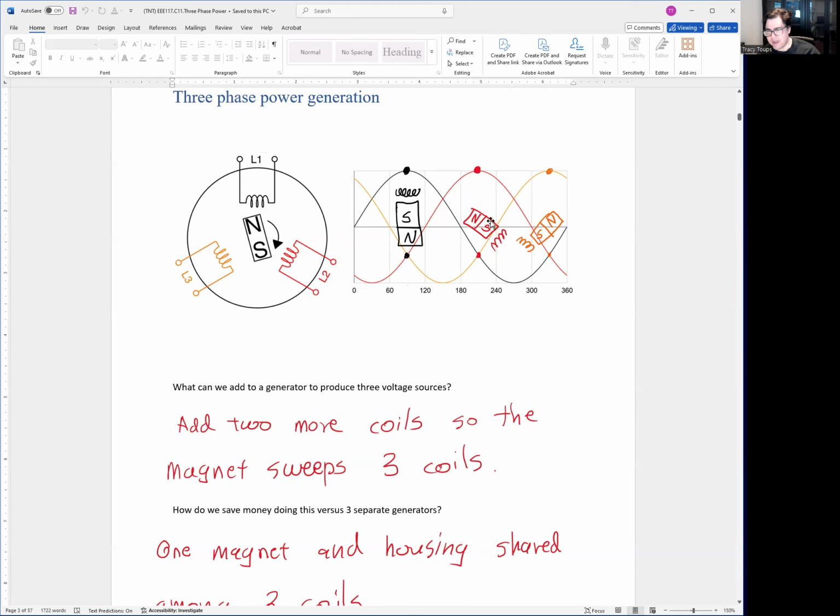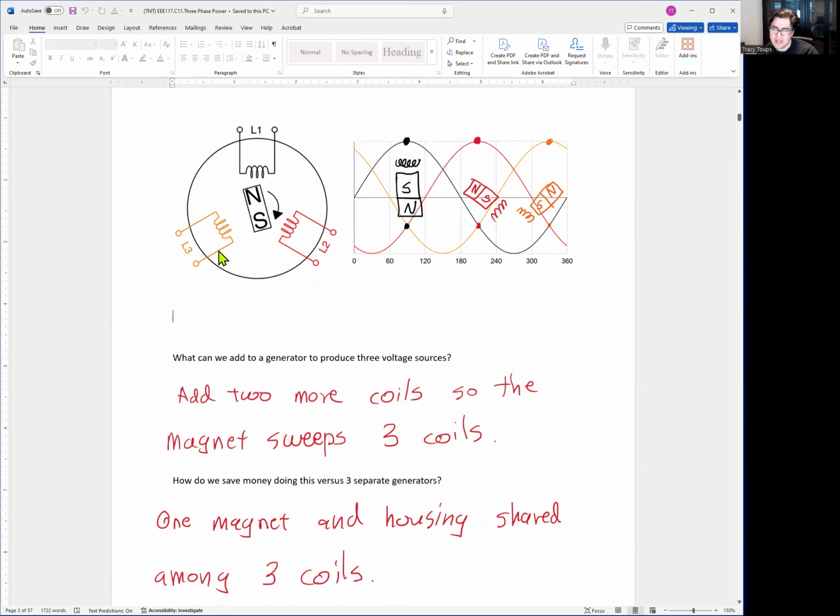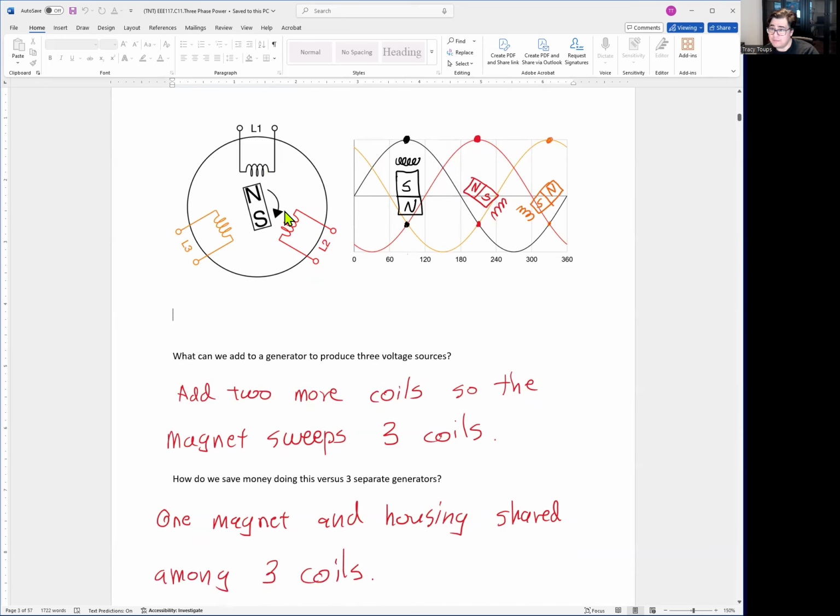Whenever the south magnet hits that point, you're going to have another peak on red. And it's going to go another 120 degrees, and you're going to have another peak on orange whenever the south pole is close to the coil right here. And then you have another peak up here. So in essence, we just added 2 more phases. Now they're all running at 60 hertz, but we have three voltage sources instead of 1 now. Okay. And the same magnet sweeps all 3 of them.